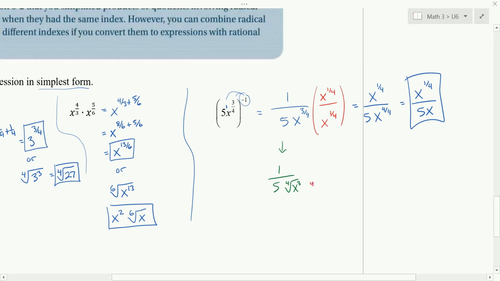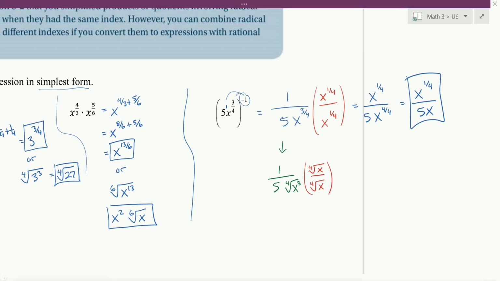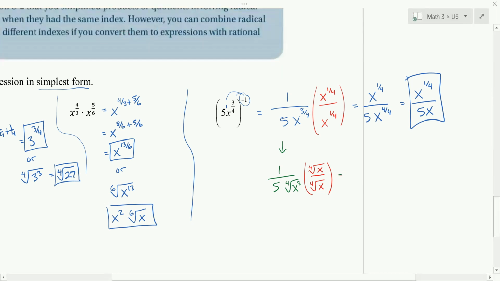The fourth root of x over the fourth root of x, which, by the way, is the same thing as x to the 1/4 power. And so when we do that, we end up with the fourth root of x over 5 times the fourth root of x to the 4th, which is the fourth root of x over 5 times x, which is exactly what we have in the other form.